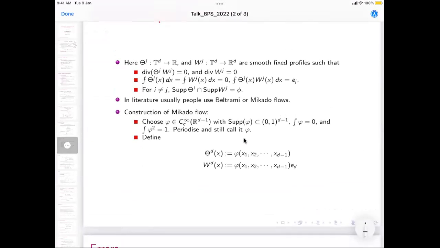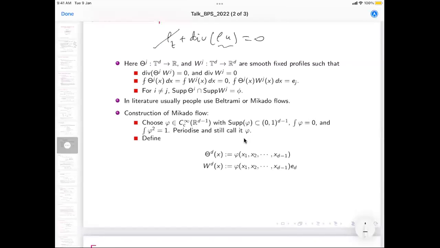So I want the divergence of w j to be 0 and the divergence of the product to be 0, right? You remember the transport equation? This was the transport equation. Stationary solution means this term drops, right? So I want these two products to be 0. That's basically theta times w. And I want their mean to be 0, but their product to have a mean which is non-zero.